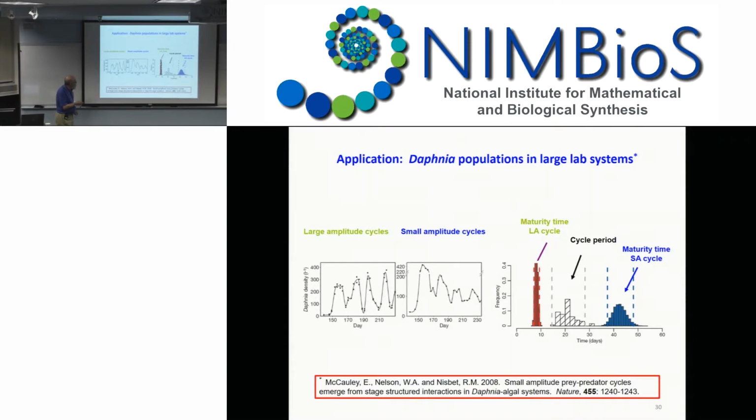These differed by the fact that the typical juvenile development time with the small amplitude cycle was very different. These individuals took forever to mature to be adults.